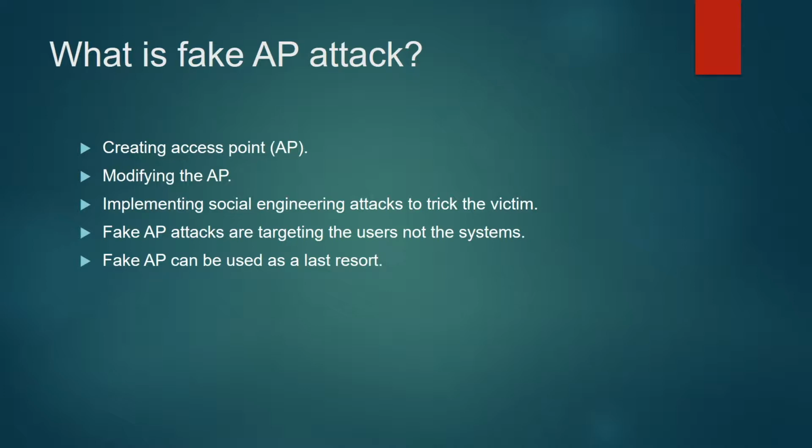Before we actually talk about the fake AP, I want to explain what the AP is. Basically the AP is the access point where your machine connects in order to get access to the internet. In other words, the gateway. So the AP is where the machines are connecting, and in this attack we are focused on generating a fake AP.